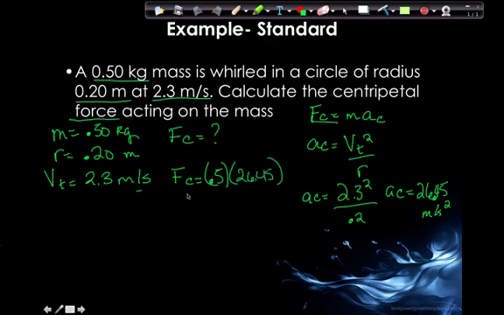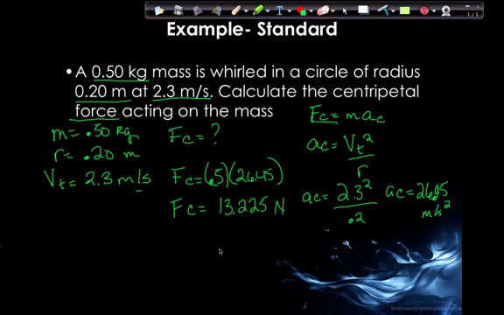Alright, so times 0.5, my force is 13.225 newtons. That's kilograms times meters per second squared, which is the same thing as a newton. Alright, so now I have my centripetal force.